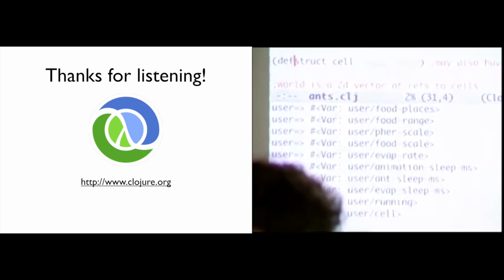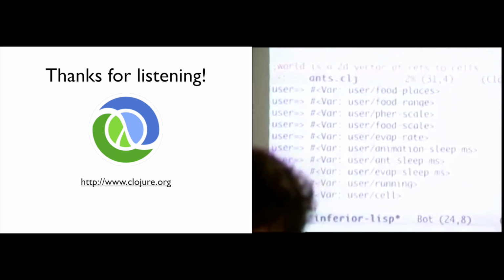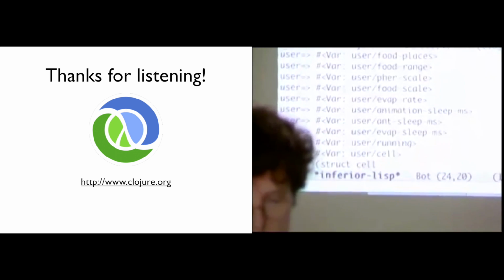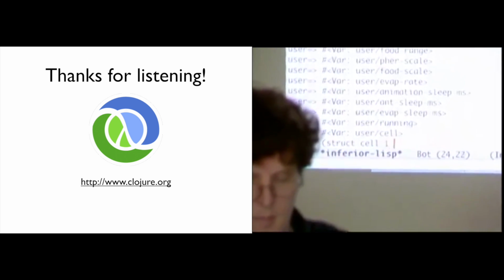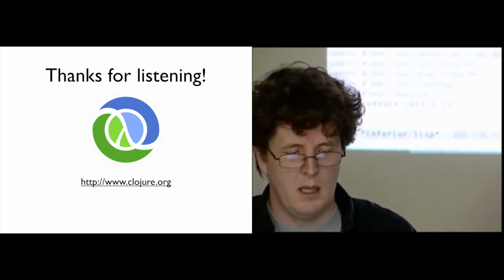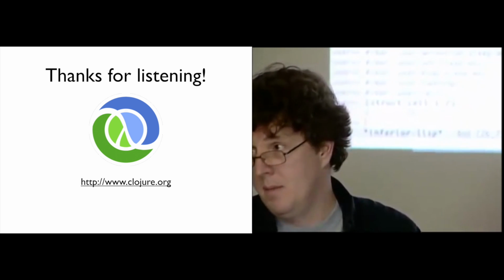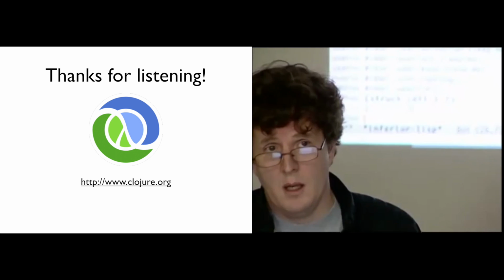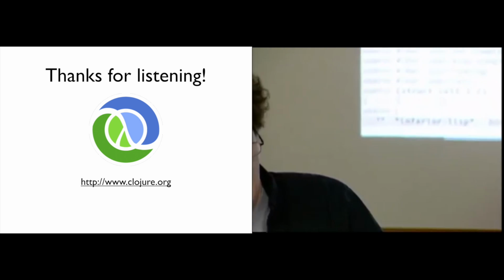Once you have a struct, you can create one by saying struct cell and then pass the arguments that were supplied to the defstruct itself. So this will yield, what does that look like? Map. Structs are maps. Structs are maps with a little optimization, which is that I'm going to have a lot of these cells.